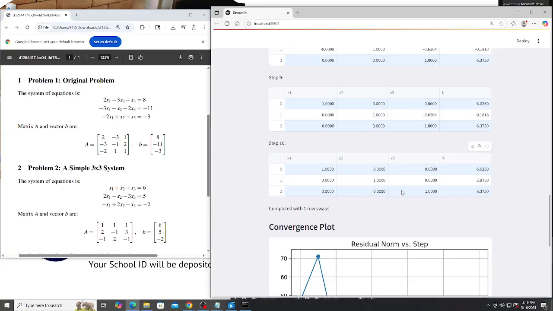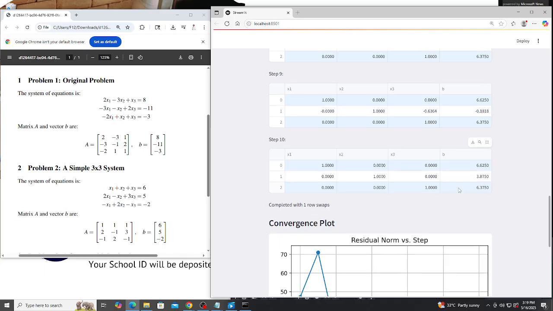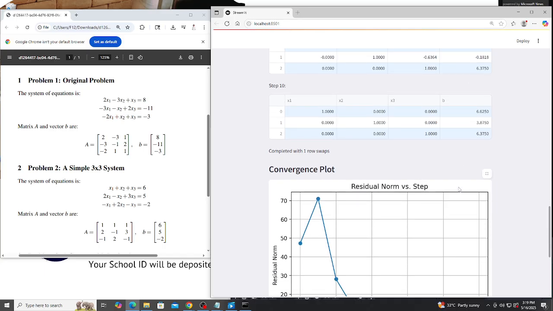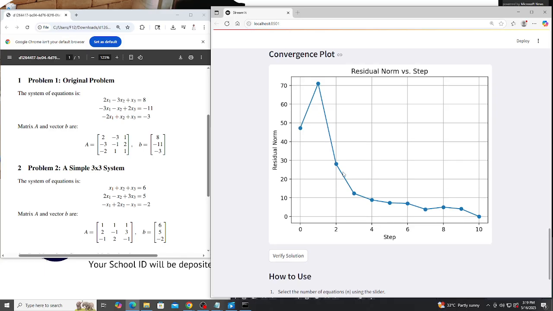And after having the final reduced matrix, we can also see the convergence plot, where it's going to 0.